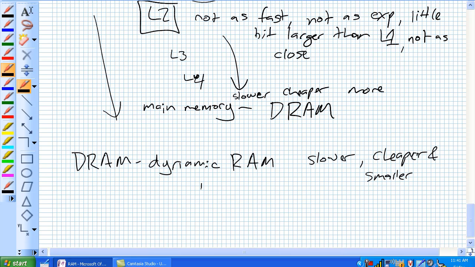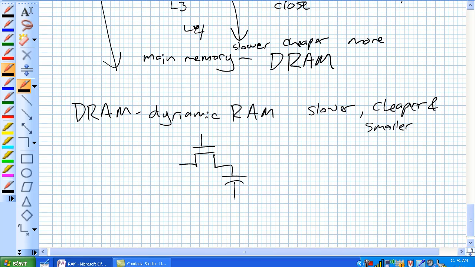Well, DRAM uses a single transistor hooked up with a single capacitor, which is just two tiny parallel plates. Okay, substantially smaller because all it's using is two devices, a single transistor, in this particular case a MOSFET, and a capacitor.